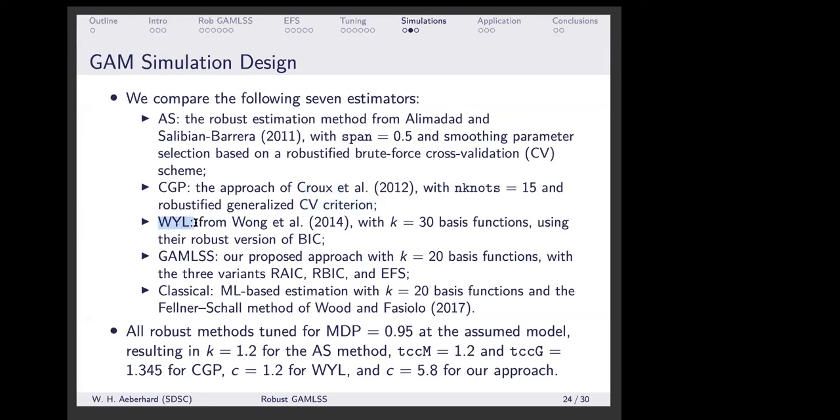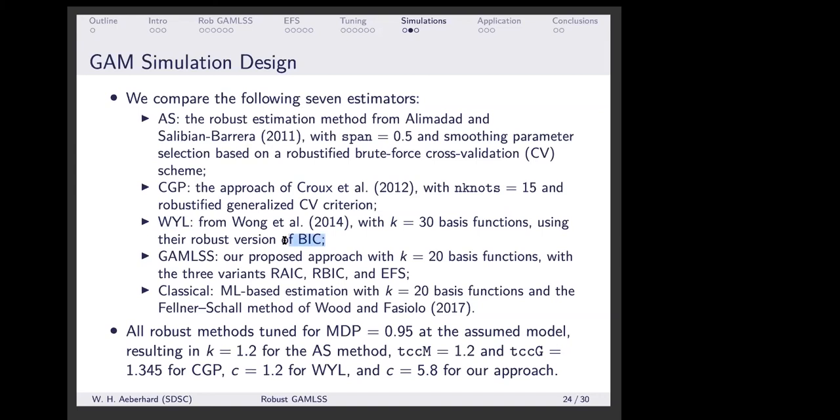WYL is the method from Wong and his collaborators. This is also based on a quasi-likelihood framework. It actually goes back to the way robust estimation was designed for generalized linear models, where you can rephrase everything into an iterated reweighted least squares algorithm. Here we are using the robust version of BIC for the selection of the smoothing parameter.